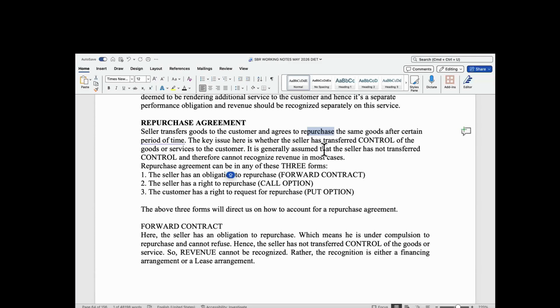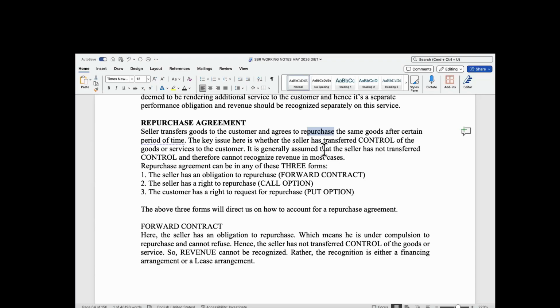So on the surface, we say you have not transferred control because you want to repurchase. But the standard says no, don't assume. Let's look at it deeper. So it could fall into any of these three forms. Number one, where the seller has an obligation to repurchase, we call that a forward contract.